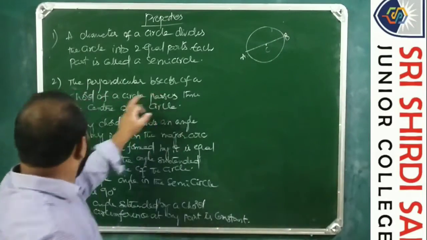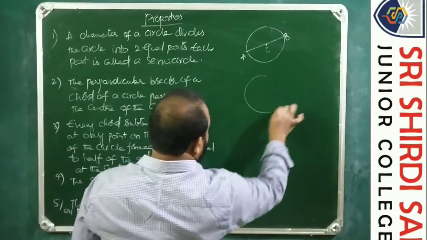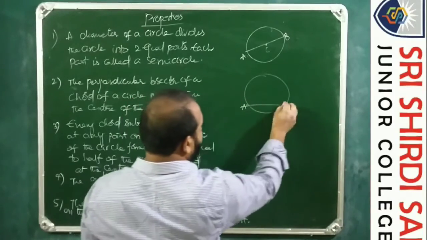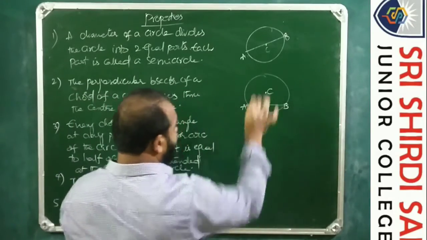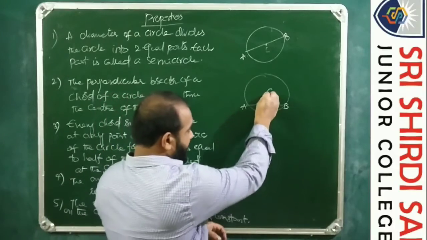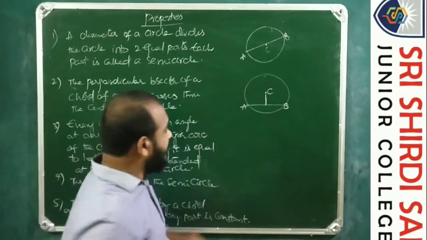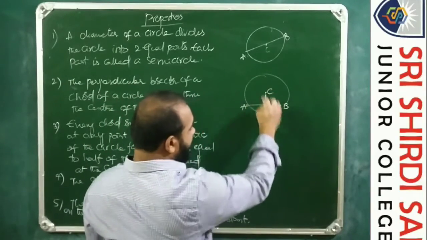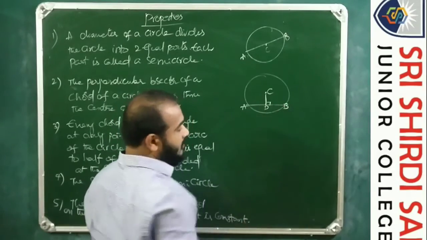The perpendicular bisector of a chord of a circle passes through the center of the circle. So let us suppose that this is the circle, this is the chord AB and this is the center. So this line is the perpendicular bisector. Why perpendicular bisector? Because let us suppose that this is D. CD is perpendicular to the chord.